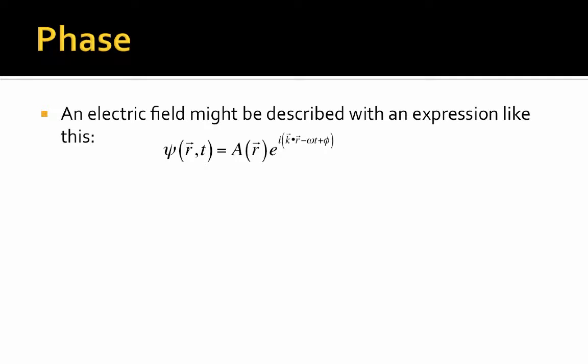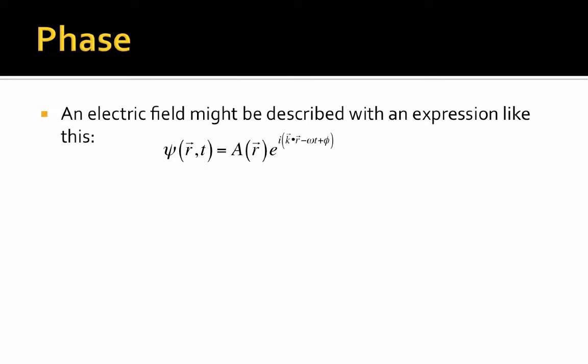Now, what is phase? An electric field might be given by an equation or an expression like this, where you have psi of r, your position vector, and t, is equal to some amplitude, A, that's a function of the position, and a phase term.